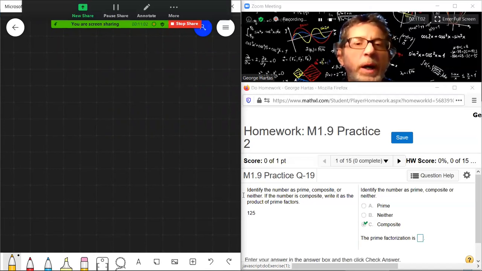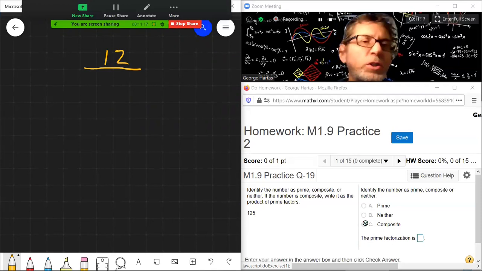Let's do a simple problem first, and we'll come back to this 125. Let's use 12 and pretend the instructions say use the factor tree to find the prime factorization, or to just find the prime factorization, and you decided to use the factor tree.